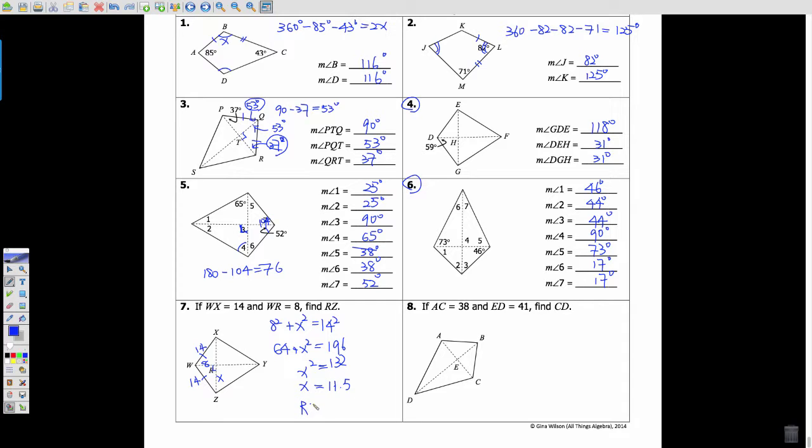So my final answer is RZ is 11.5. In other words, remember to take advantage of this right triangle, this right angle here.